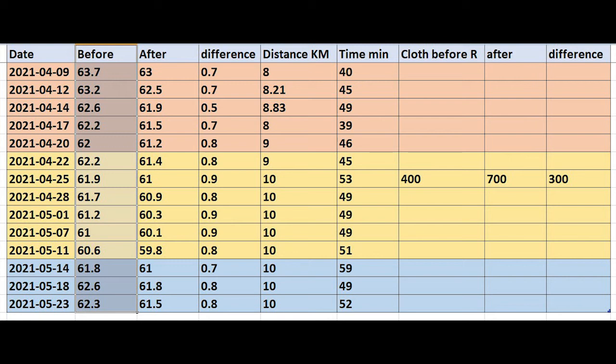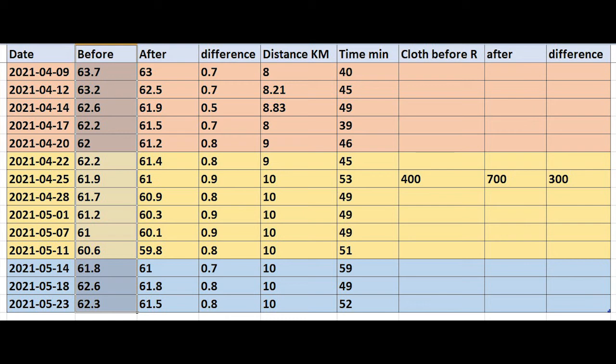So in the blue part I was taking 2 meals a day, and you can see my weight went up, and it's not really fat mass, but saved energy in the body. For example, on 14th of May it was 61.8, which is more than the training pass earlier, which was 60.6. So it's about 600 grams more.